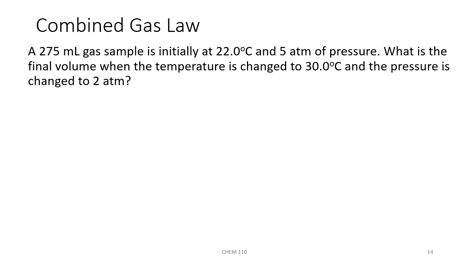A 275 milliliter gas sample is initially at 22 degrees Celsius and 5 atmospheres of pressure. What is the final volume when the temperature is changed to 30 degrees Celsius and the pressure is changed to 2 atmospheres? So let's make our graph. We have our initial, our final, and then our change.